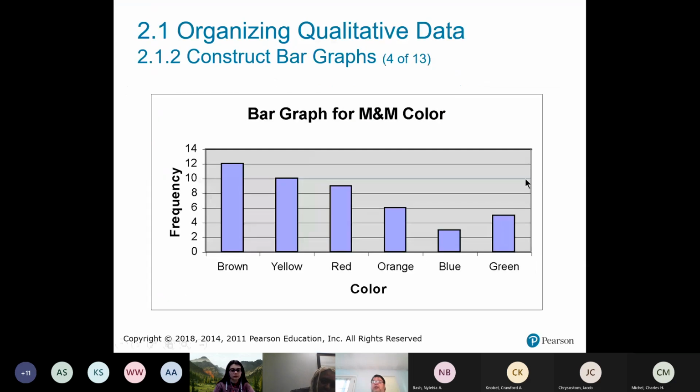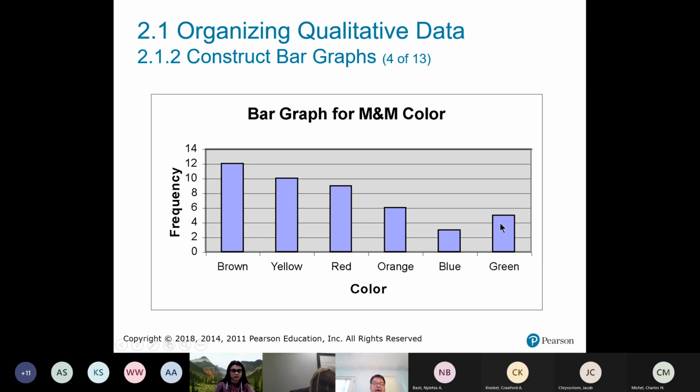They'll just give you that, and they'll say, how many M&Ms are in the package? And you go, okay, 12 plus 10 is 22. 22 plus 9 is 31. 31 plus 6 is 37. 37 plus 3 is 40.